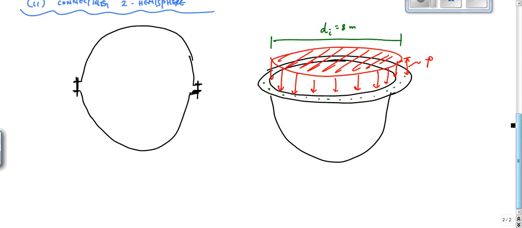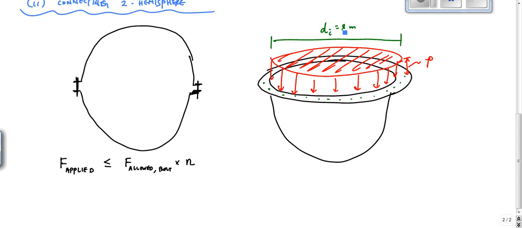Let's say the force applied due to the pressure has to be less than or equal to the force allowed in one bolt times the number of bolts.